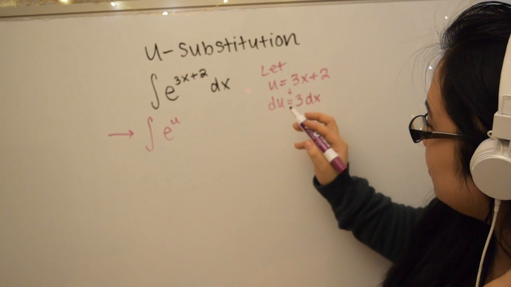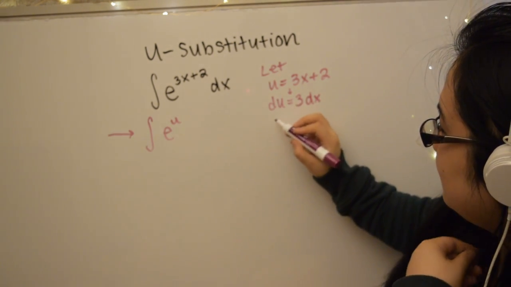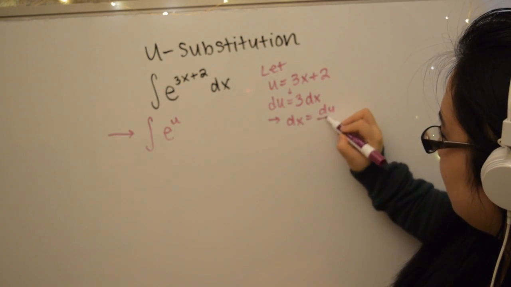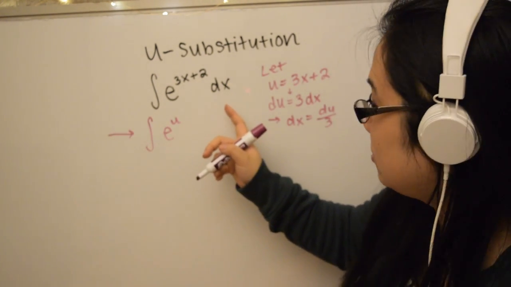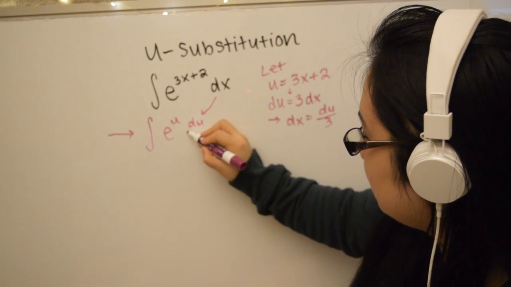So from here, we now know that dx equals du over 3, which we can plug into this dx. So this dx is du over 3.